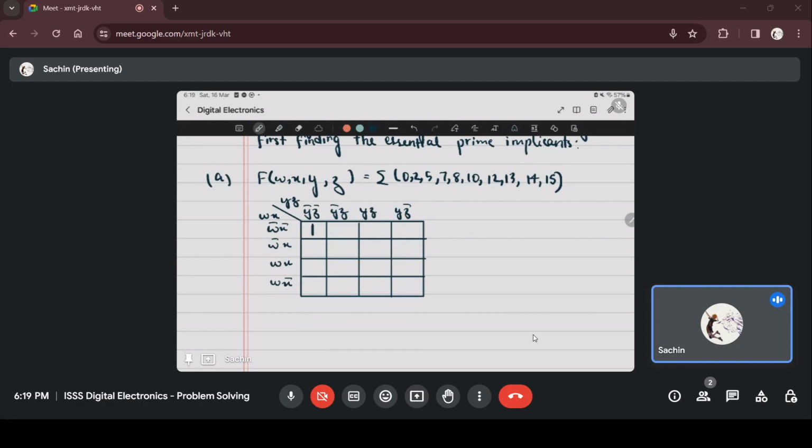We have 1s at 0, 2, 5, 7, 8, 10, 12, 13, 14, 15, those positions. This one will be covered by the quad, that quad, and that is an essential prime implicant.